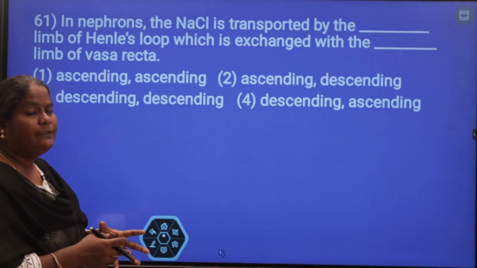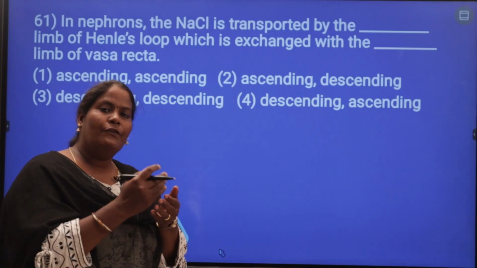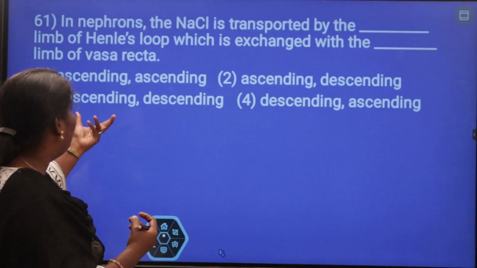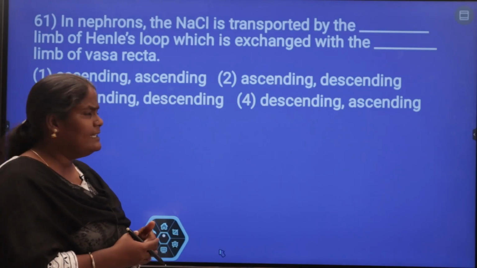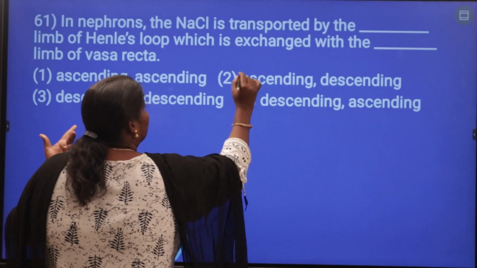We are already aware of that. Henle's loop has two limbs, descending limb and ascending limb. So from the limb of the Henle's loop, the materials come out and enter into the limb of the vasa recta. Based on that, the answer for this question is number 2.